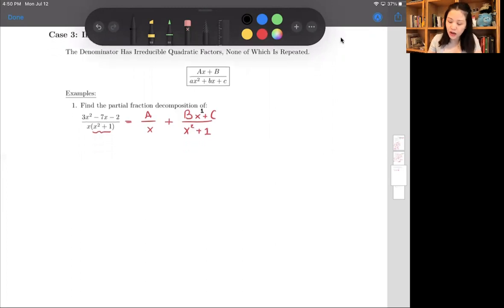Now we're going to do what we usually do: the common denominator.